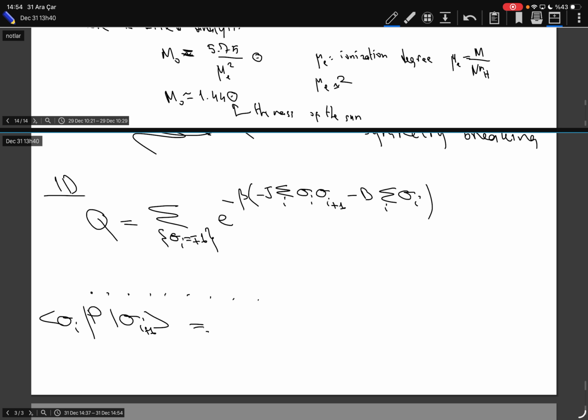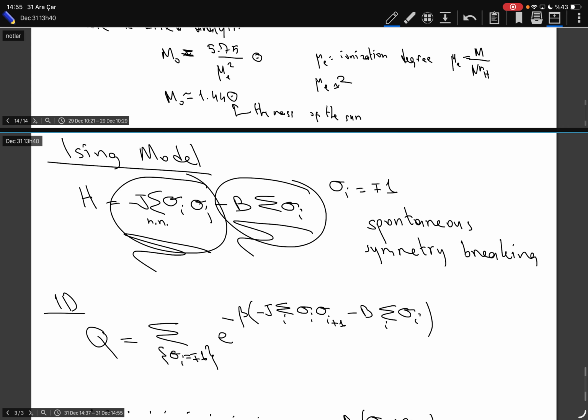This will be defined as e to the power beta j sigma I sigma I plus 1 minus b over 2 times sigma I plus sigma I plus 1, so that it's symmetric.